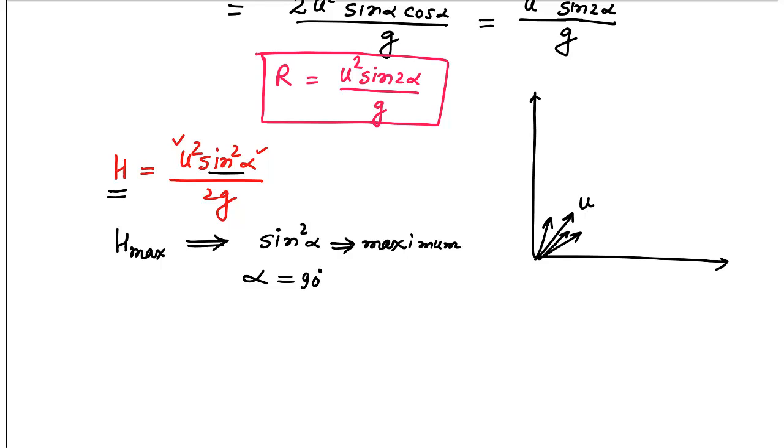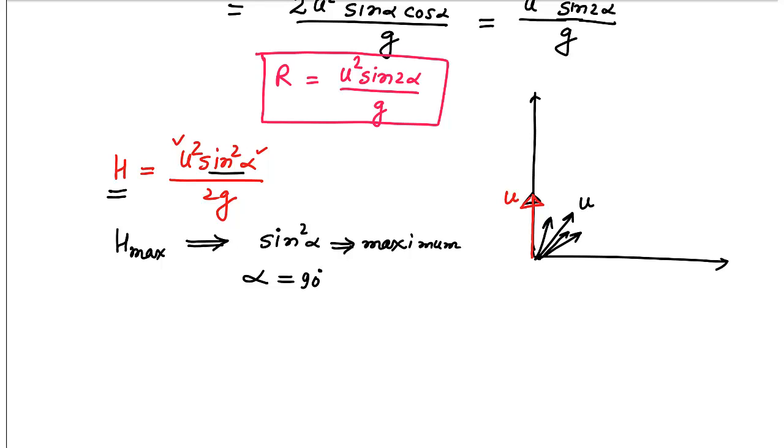This means if you want maximum height, you have to throw vertically up. So if u is given and you want the maximum height attained by the projectile, you have to simply throw in the vertical direction.